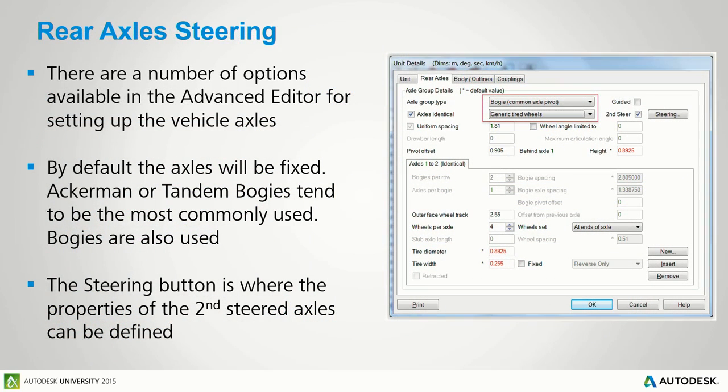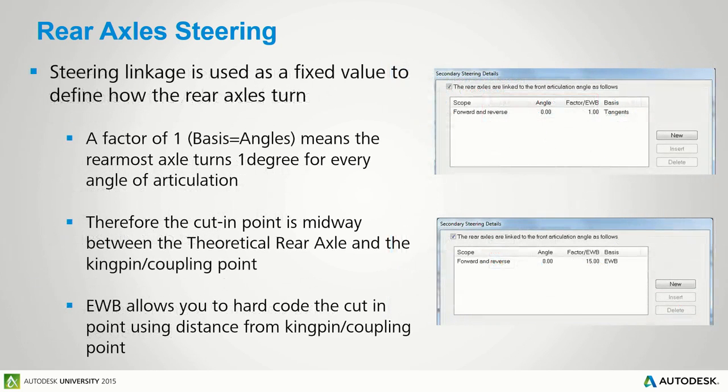So here, what I did is I did this generic tired bogie wheel second steering. And the next one is that I can specify here this rear axle is linked with the front axle.